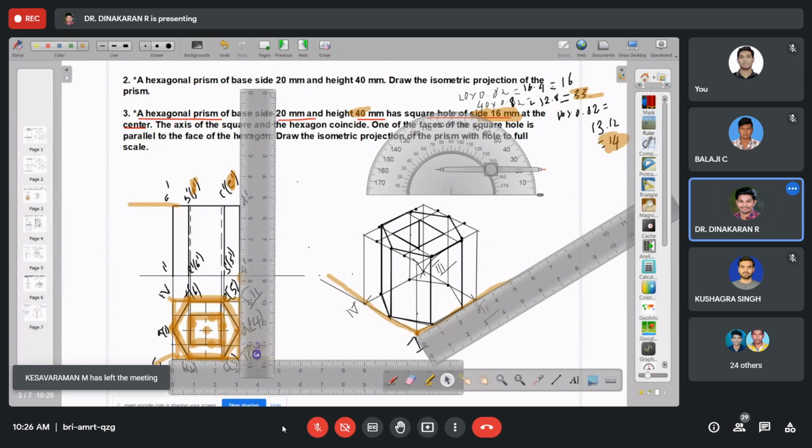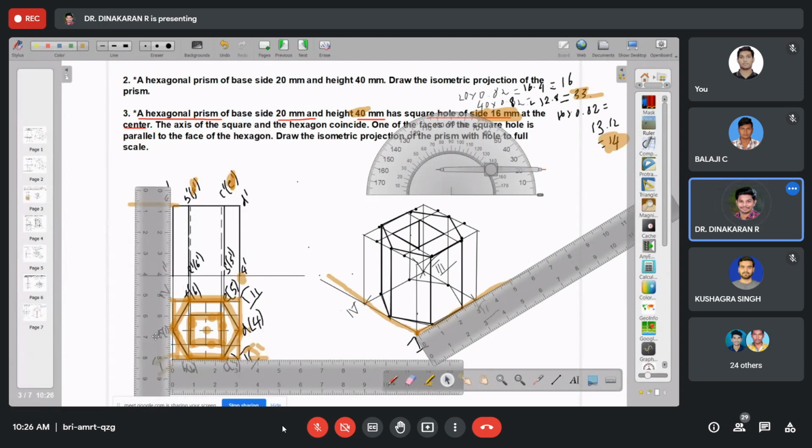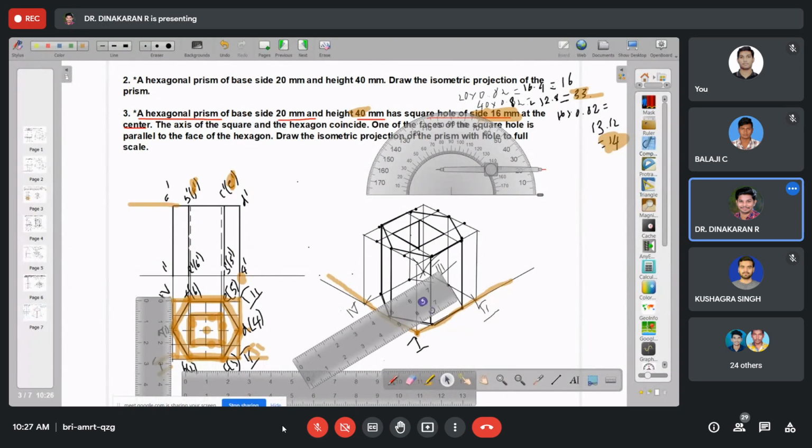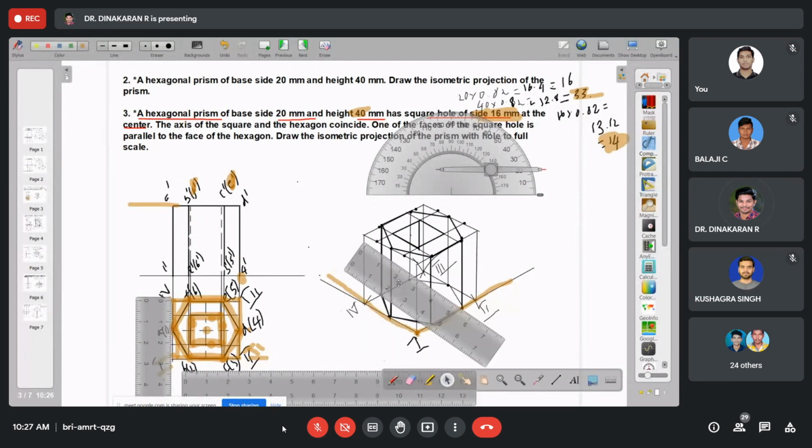This 1 to 4, how much is there? 28. Yes, 28, you see.